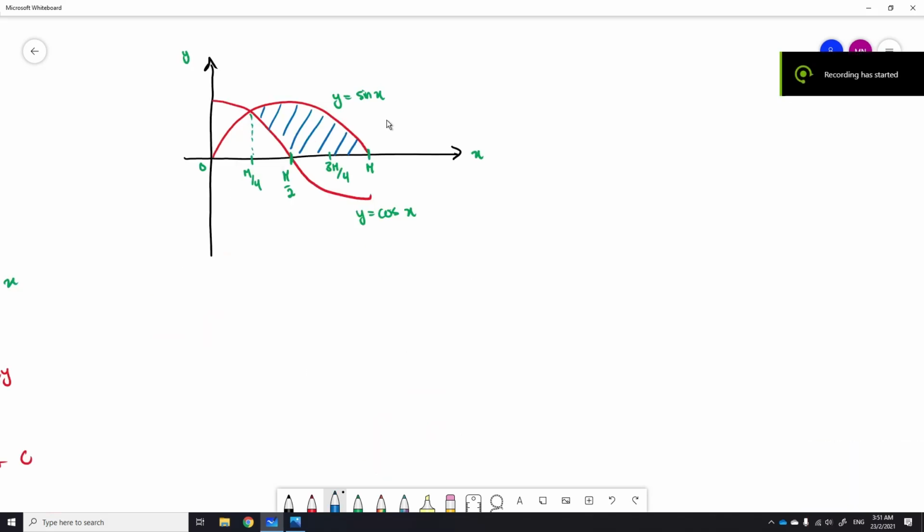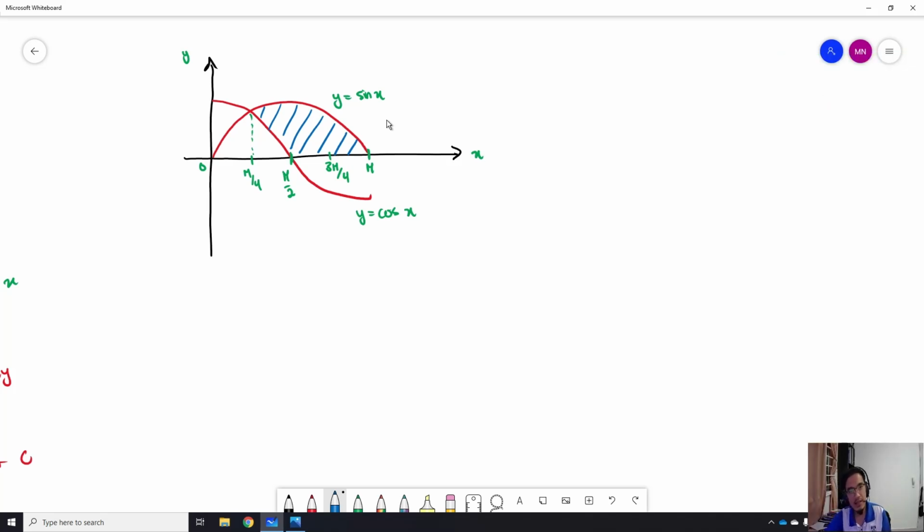Okay, for our example number 4, this is a graph that has a cosine graph and a sine graph. So we want to find the area of the shaded region shown in the graph. So what we need to do is find the area under the sine graph between pi over 4 and pi, sine x dx.